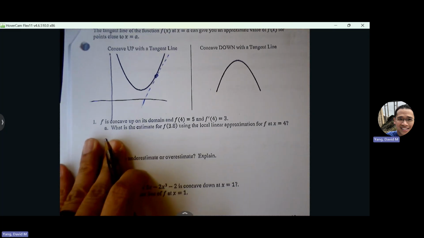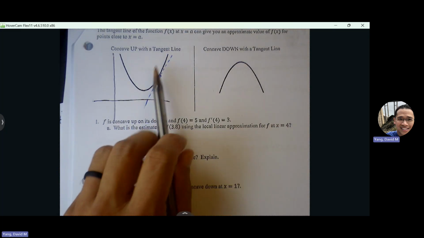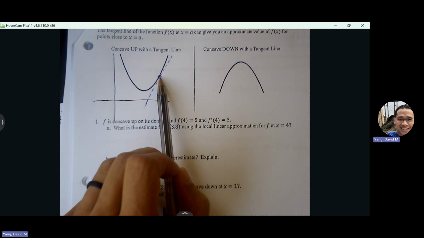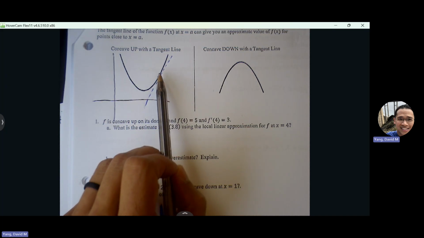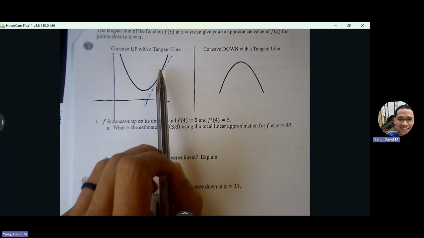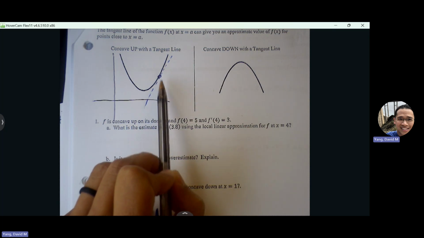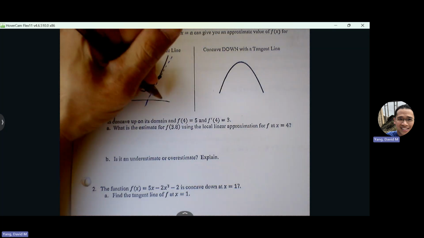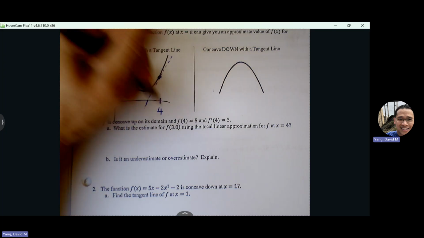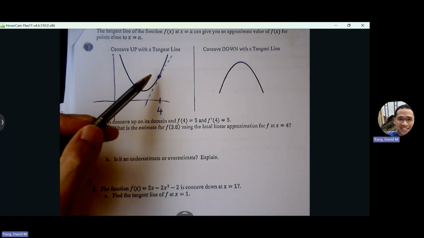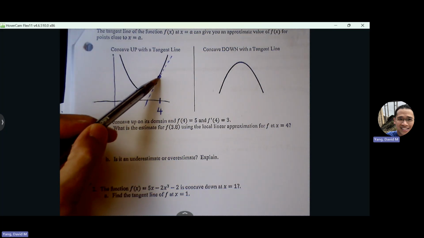Now, what we're going to do today is we're going to be creating the tangent line equation, and then we're going to ask the tangent line to tell us a value that will approximate the value on the curve. And obviously, it's not going to be the same, because let's say the tangent was at x equals 4. We know that the tangent line and the curve will share the same y value at 4.